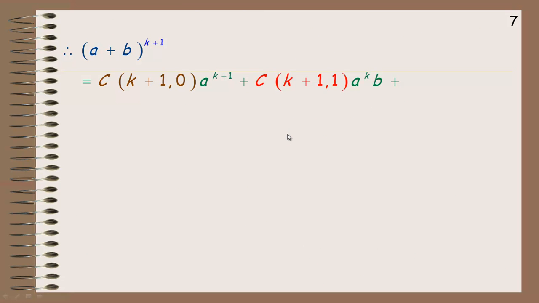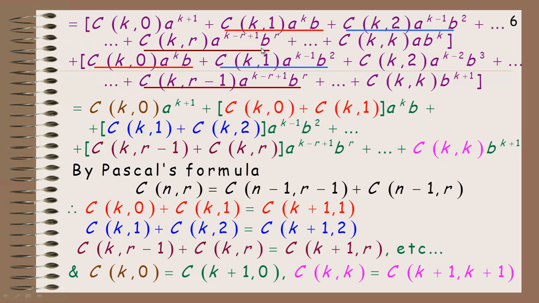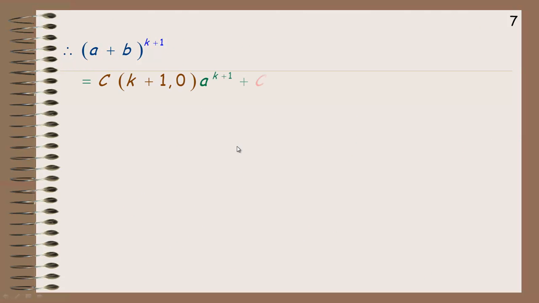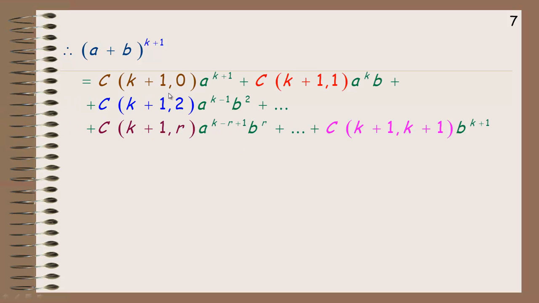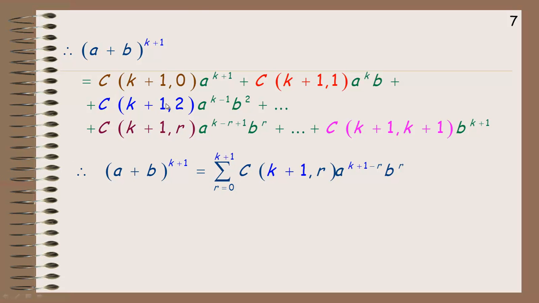It's difficult because you can't look back and see the previous page, but basically I'm rewriting this and combining those together, these together, etc. And so this is what it looks like. This is what that whole series simplifies to.